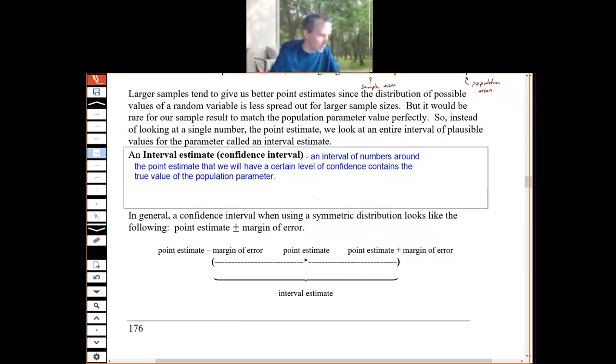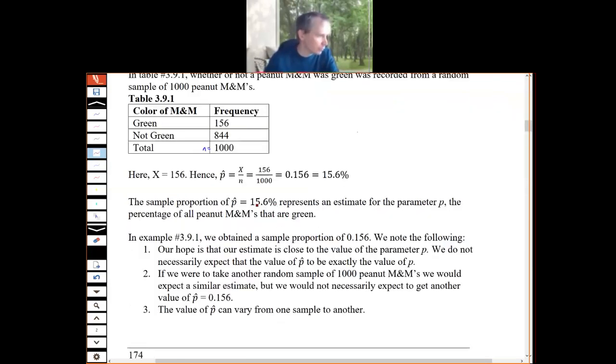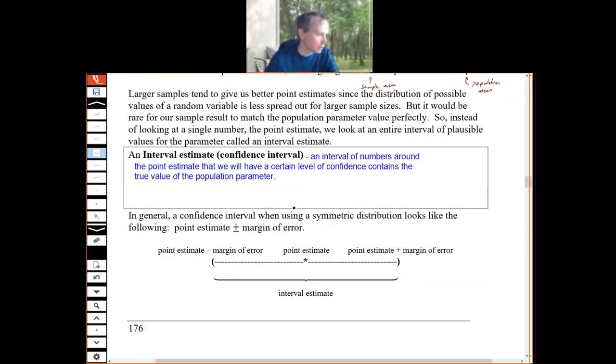I have a point estimate in the middle. Maybe I opened a bag of Reese's, and our bag had 15.6%. I'm sorry, we took M&Ms. 15.6% green M&Ms.